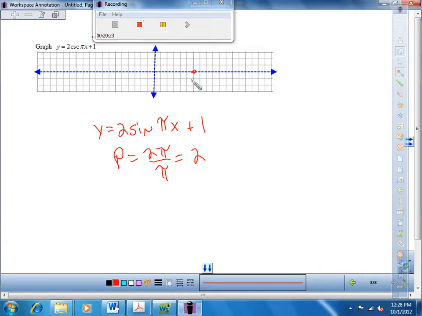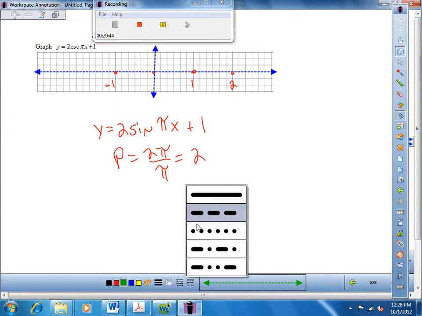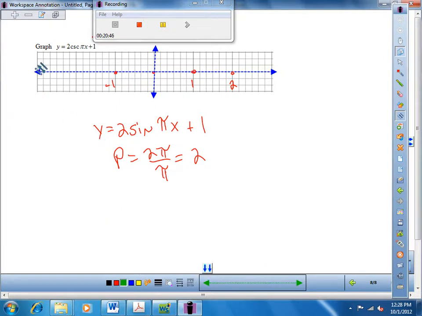So if this is 1 radian, this is 2 radians. When you see graphs that just have numbers like this, there's negative 1, and so on and so forth. And it's going to be shifted up 1. So let me sketch that in a different color, dotted. If I start here and go to here, this is your vertical shift line.